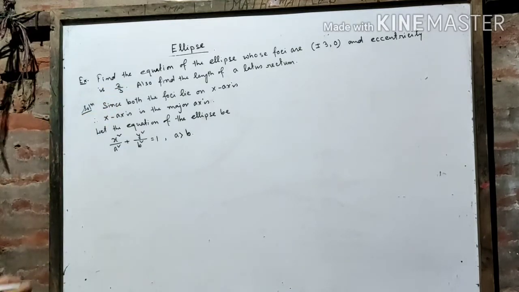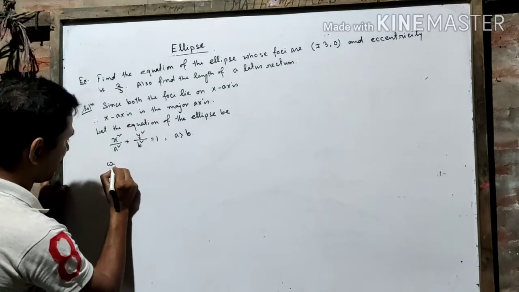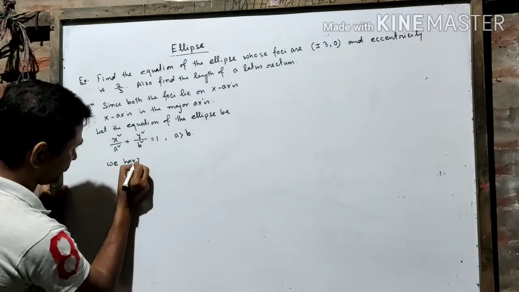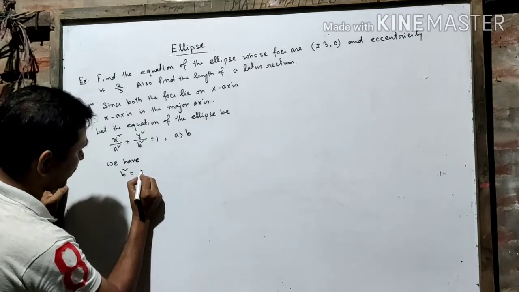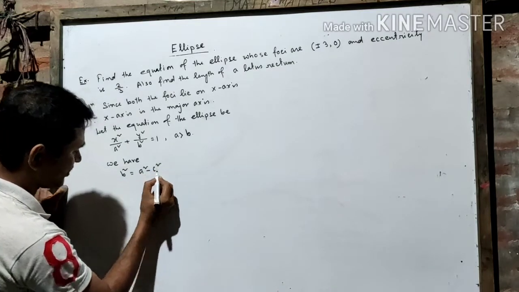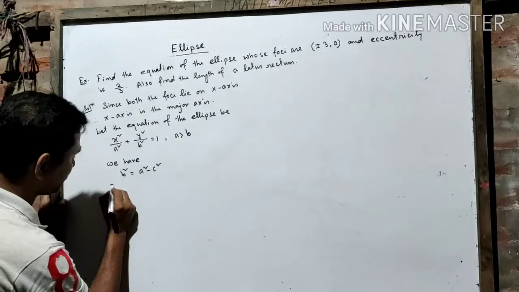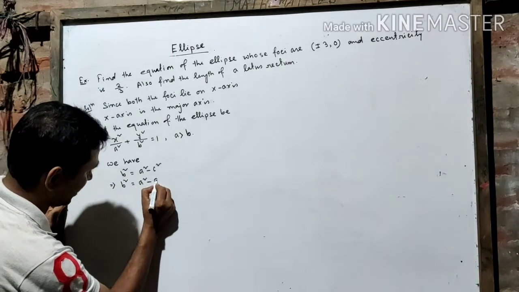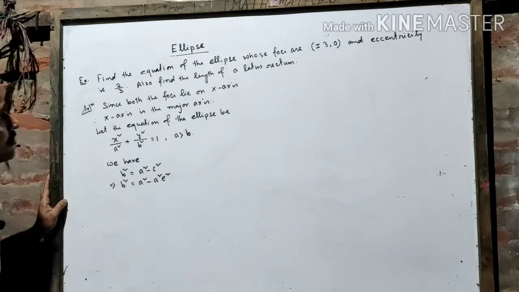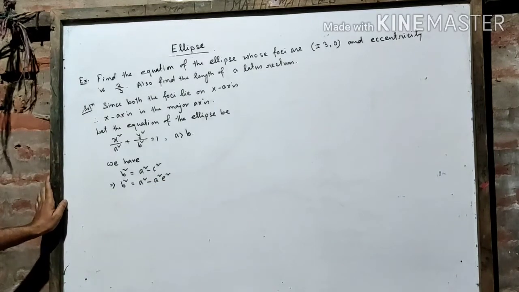We have b square is equal to a square minus c square.